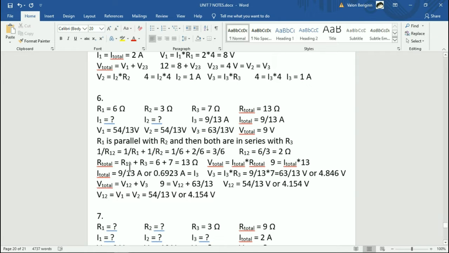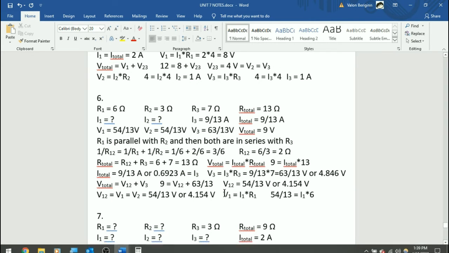So now we can solve for the currents. V1 is 54/13 equals I1 times 6.